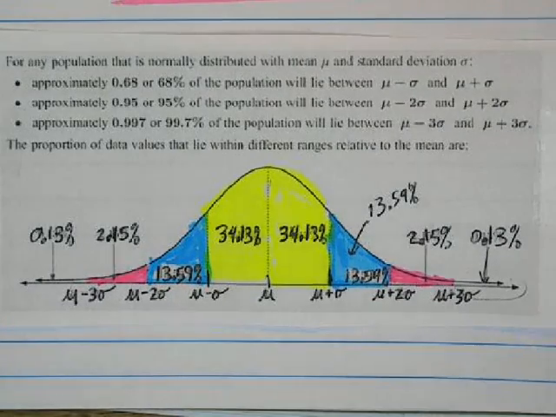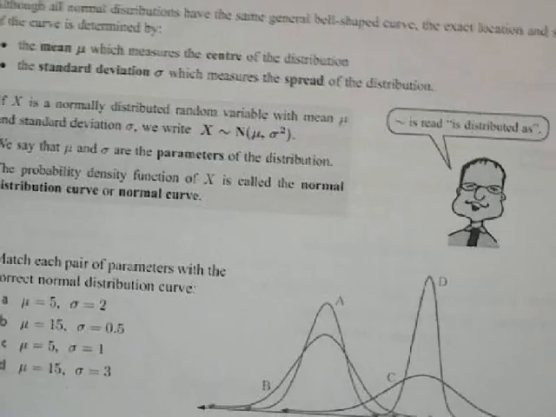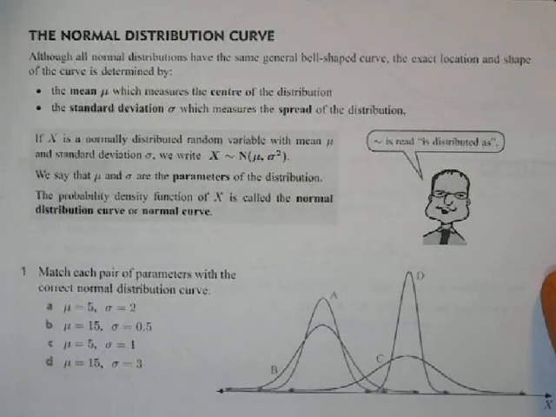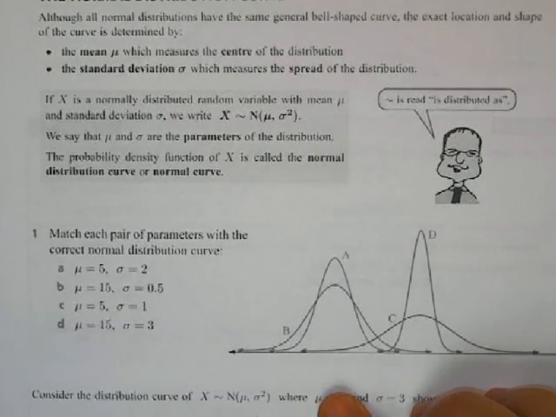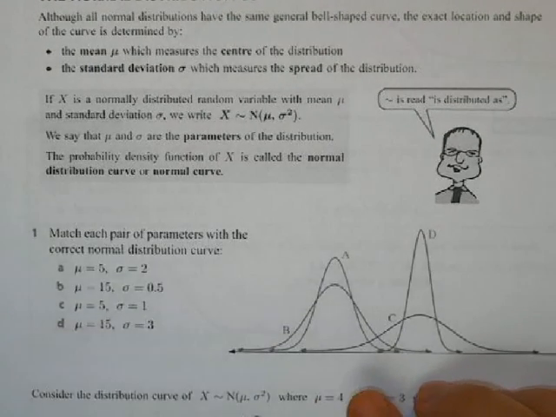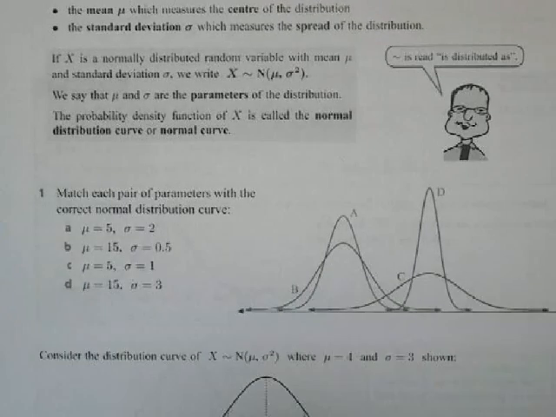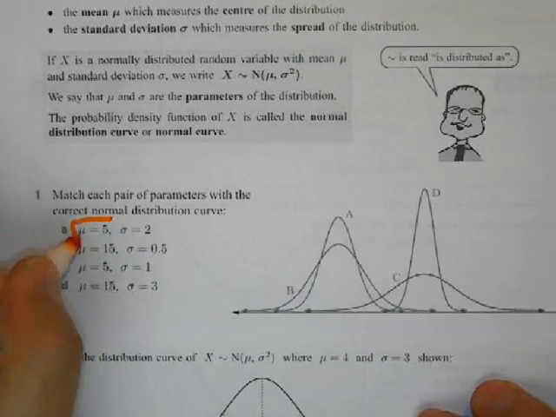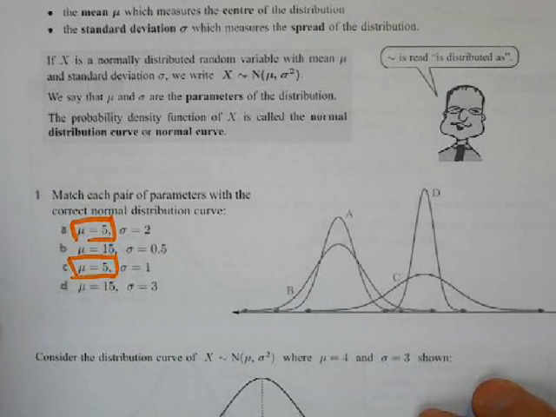Okay, so I'm going to show my handout. If you choose to print it out, great, you should at least look at it. So let's look at the example that's here. A couple examples here. So this one has a mean of 5.